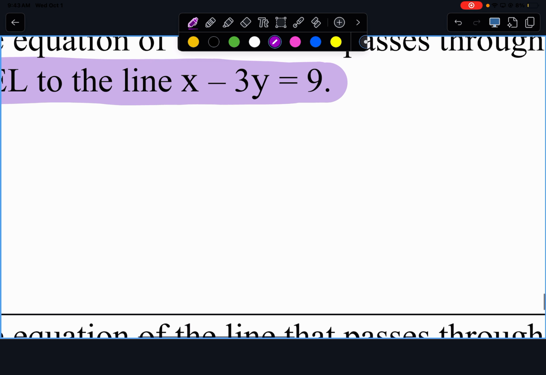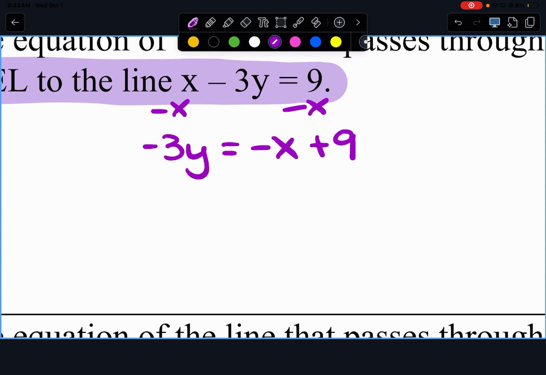Let's solve it for y. How do I solve that for y? We can subtract x on both sides. We get negative 3y equals negative x plus 9. Now what do I do? Divide by negative 3.